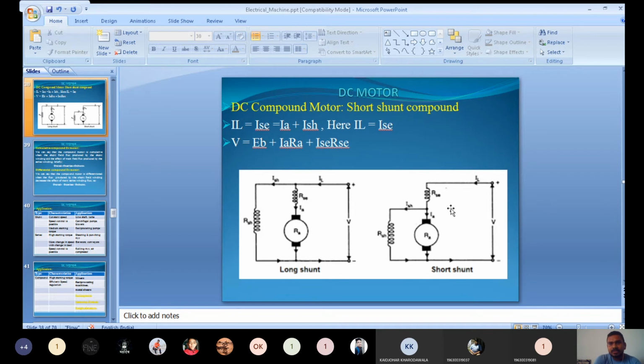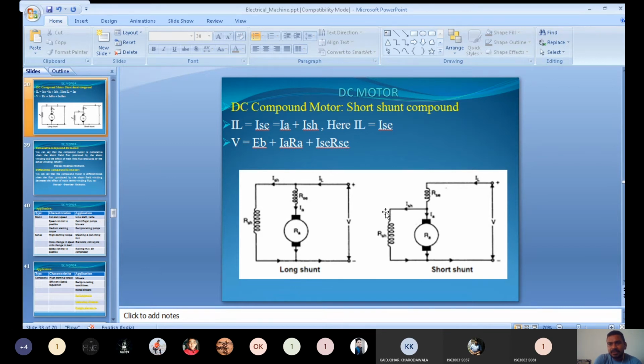Okay. So now here what happens? The supply voltage is given. The positive terminal is here, so current is flowing in this part. So this total line current is equal to ISE. The line current and the series field current will be the same. Then at this point, this line current is divided into two parts.